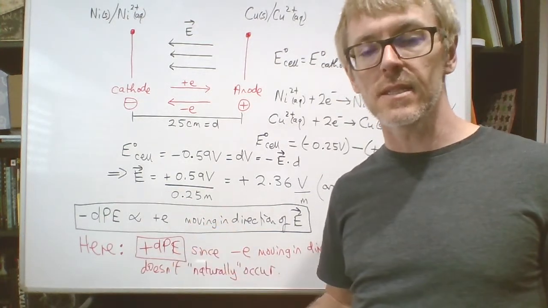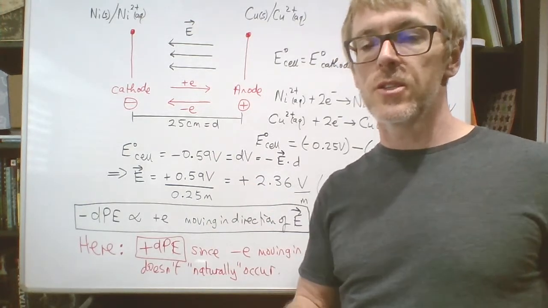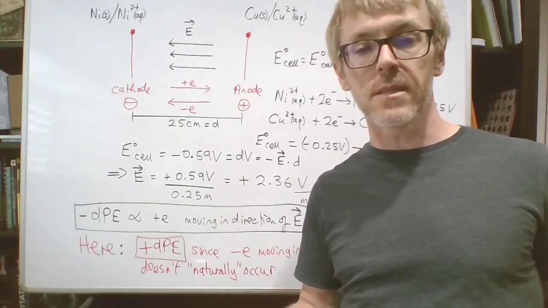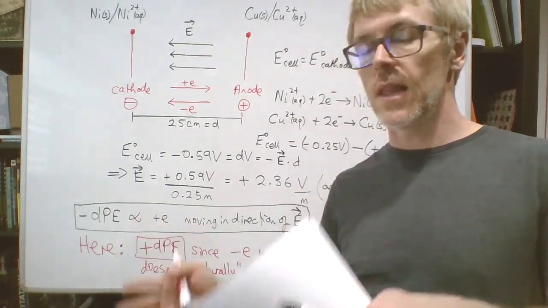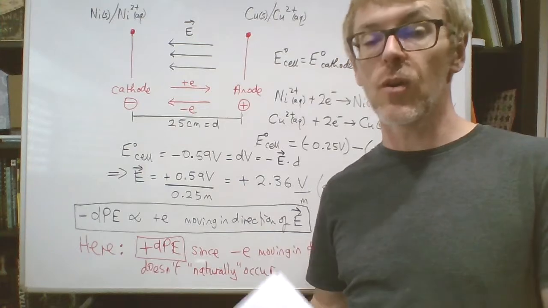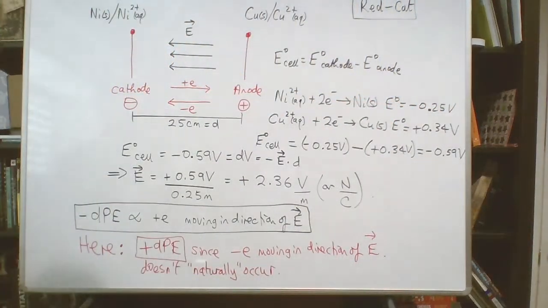Conversely, a voltaic cell naturally causes electrons to flow. So you've essentially got batteries and appliances. Galvanic voltaic cells are batteries. Electrolytic cells are appliances that require batteries. And I would take some time to reconcile this idea of positive or negative change in potential energy as you consider this content.